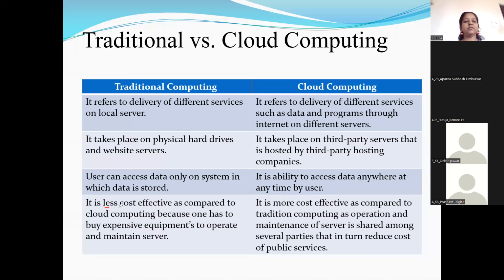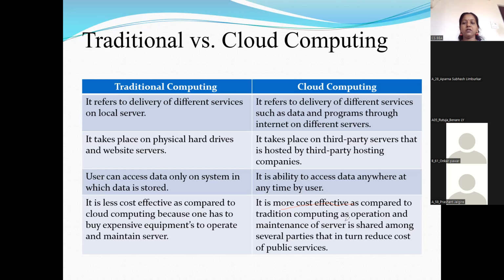In the case of traditional, it is less cost effective as compared to cloud computing, because one has to buy expensive equipment to operate and maintain the server. Maintaining the server and providing security, saving your data properly, the maintenance charges are more in traditional. But in the case of cloud, it is more cost effective.